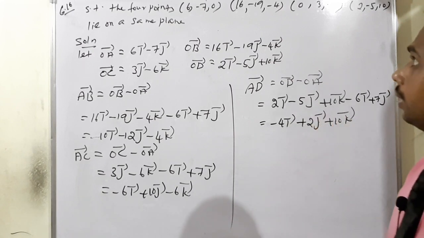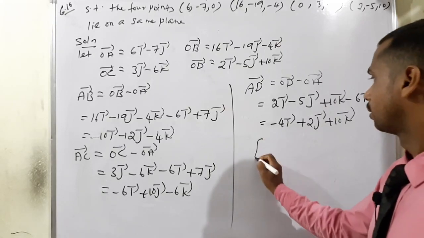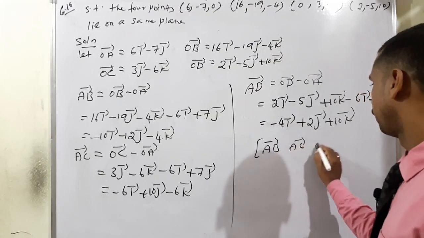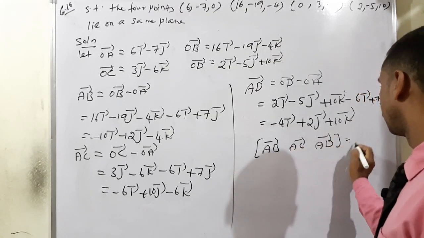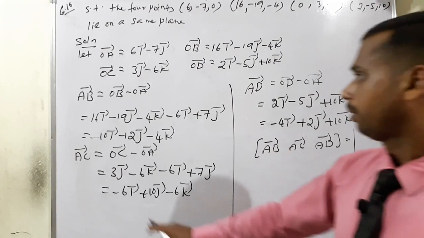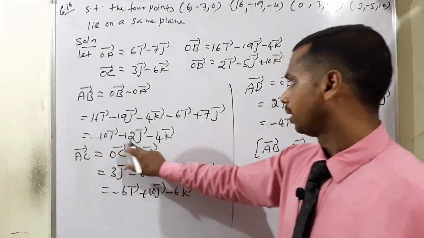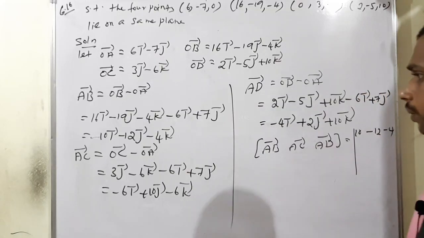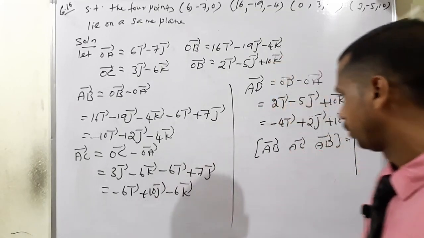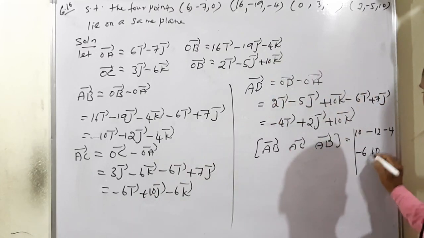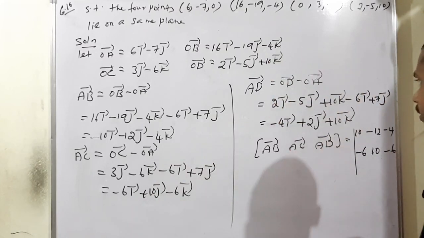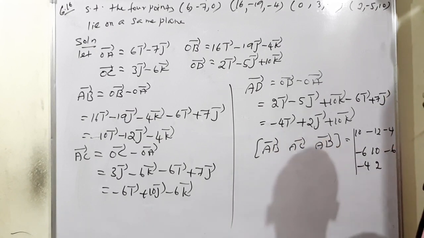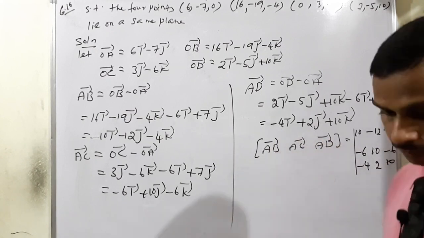Now the condition to lie on the same plane means AB vector, AC vector, AD vector is equal to determinant form. AB vector means 10, minus 12, minus 4. AC means minus 6, positive 10, minus 6. AD means minus 4, positive 2, 10.